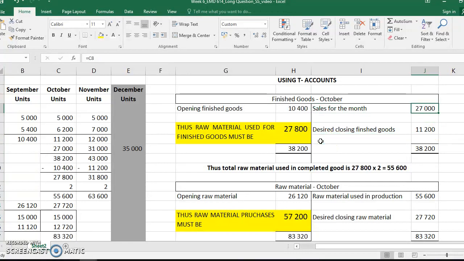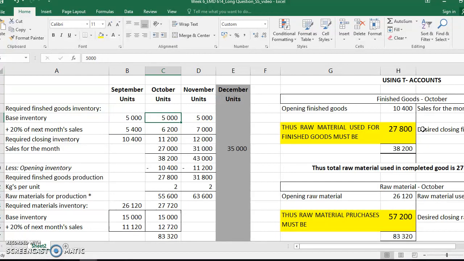Remember the T account is on the credit side we have sales and theft if there's any, as well as closing stock. There's no theft in this question, so we have closing stock of 11,200, which is calculated as base inventory plus 20% of November.